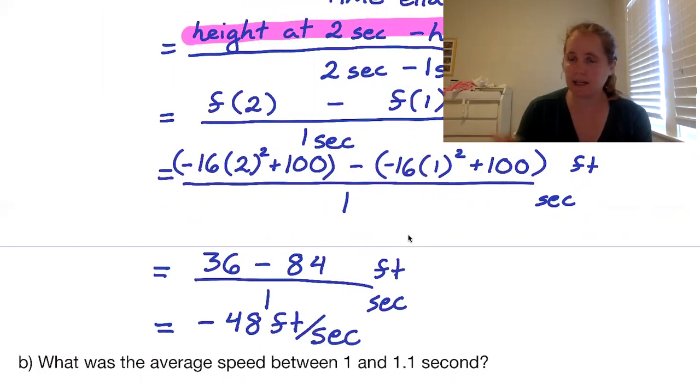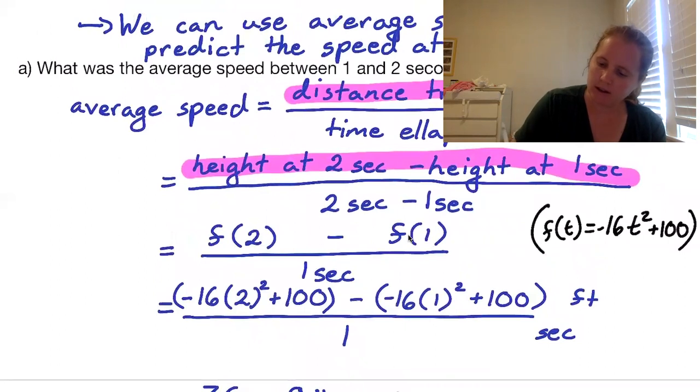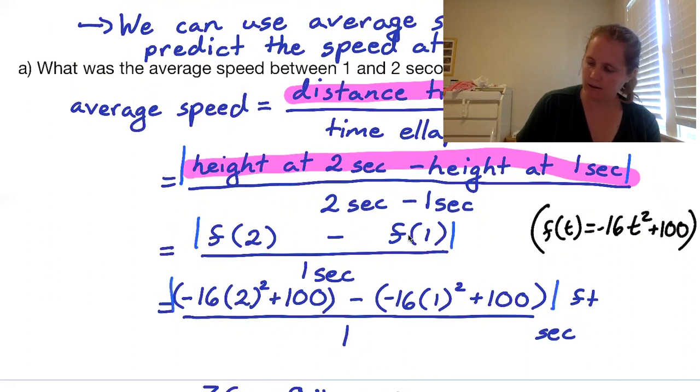Now speed technically is positive. So technically for average speed, we should do the absolute value of the height at 2 minus the height at 1.